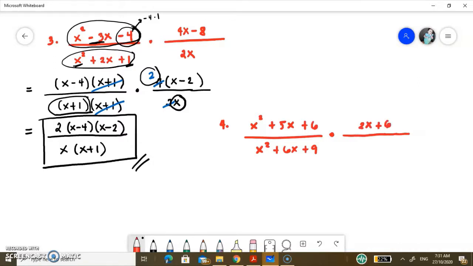Okay, over you have, say, 3x plus 9. Example lang. Okay, so we factor them completely. Hanap ng factors ni 6 na pag i-add equal to 5. So, that would be 3 times 2 lang. Okay, so x plus 3 times x plus 2.